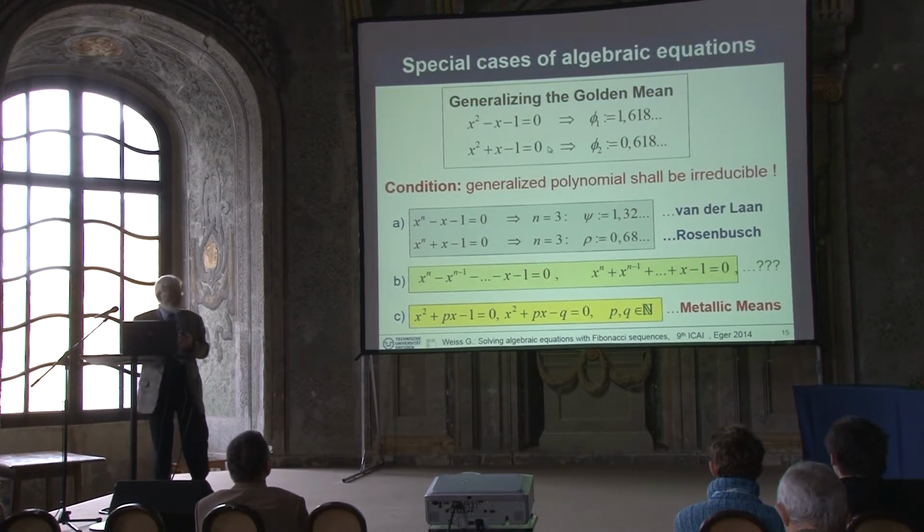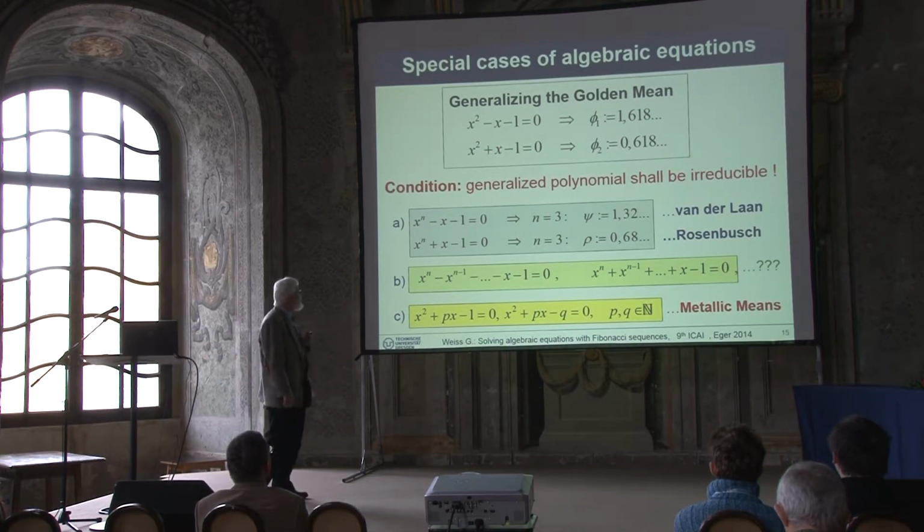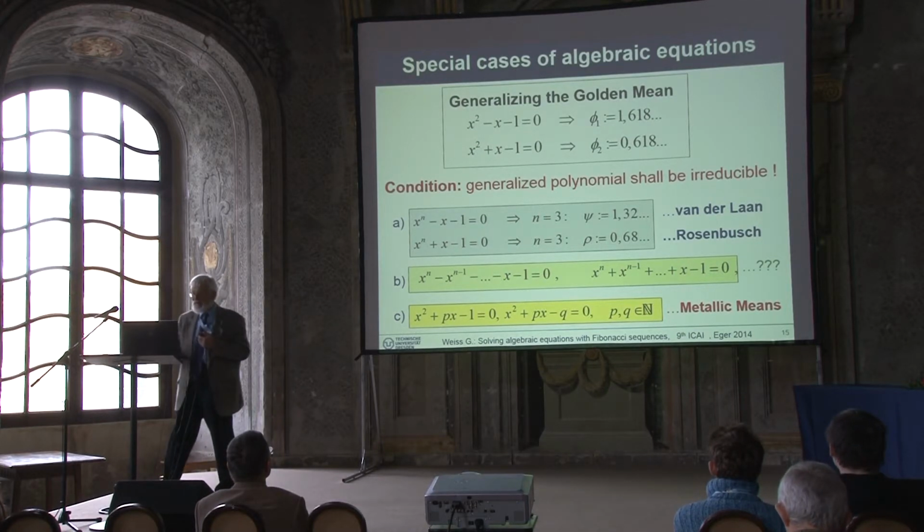How to generalize the golden mean? There are many ways to do it. The first one was the cubic generalization of van der Laan and Rosenbusch, and I will talk about this a little bit later.